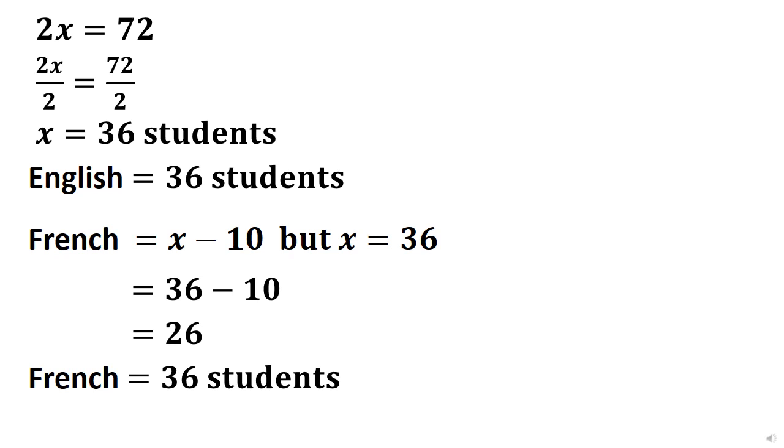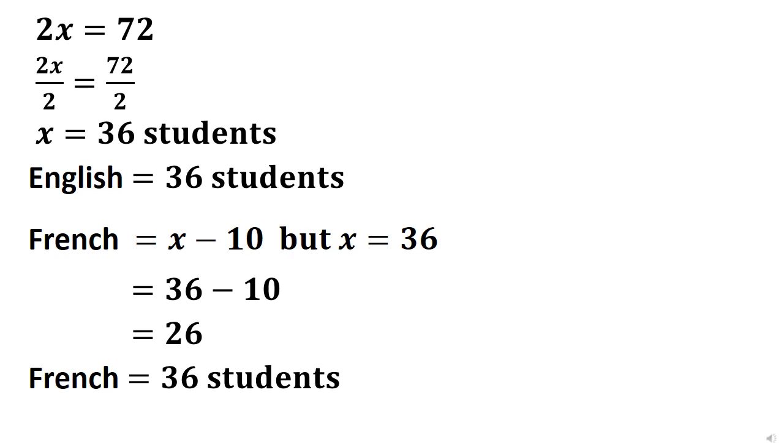2x is equal to 72. So to find x, we divide both sides of the equation by the number attached to x, which is a factor of 72. So we have 2x over 2 equal to 72 over 2. So 2 cancels the 2 attached to x. 2 goes into 2, 1.